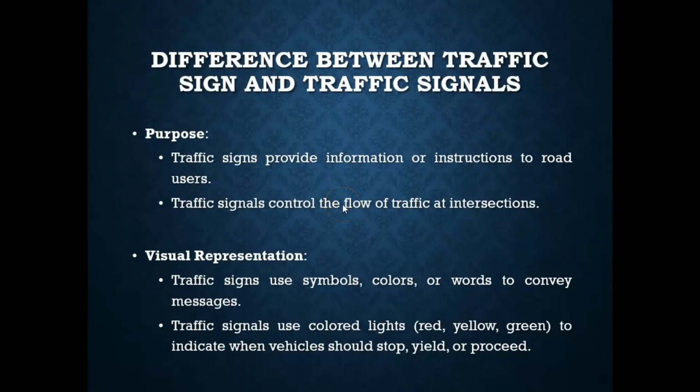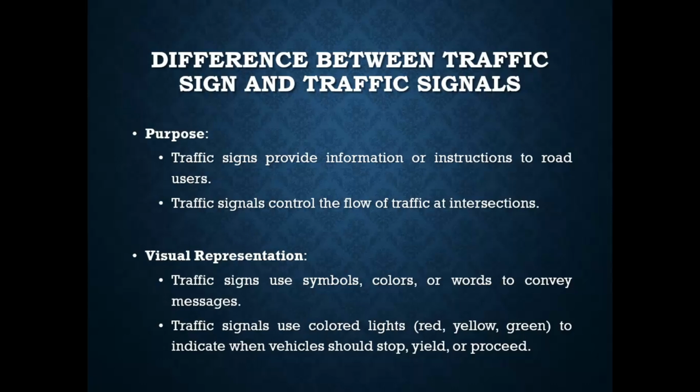Then from this we go into the difference between a traffic sign and a traffic signal. I've already explained that earlier, but here is also to tell us more about the difference between the traffic sign and the traffic signal. So the difference between traffic signs and traffic signals. The first one is the purpose.